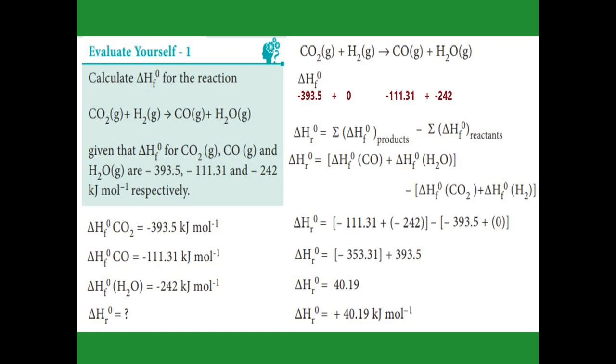First of all we have to write the products. What are the products here? Carbon monoxide and water. So first we add the carbon monoxide and water values. Afterward the reactant value. Reactant means the hydrogen value alone, 0. So the carbon dioxide value we have to subtract. Afterward we get the standard enthalpy change of reaction.